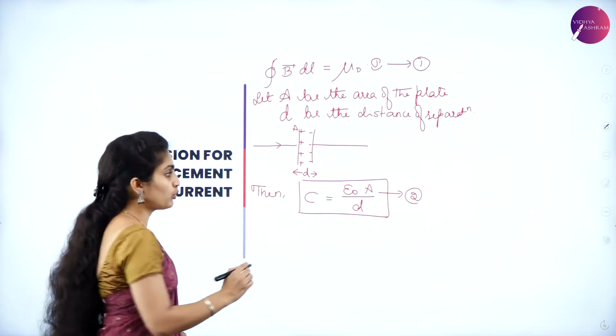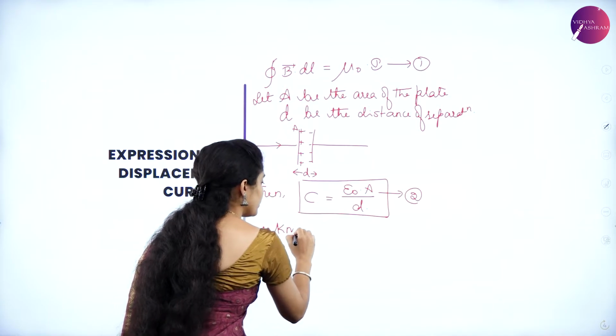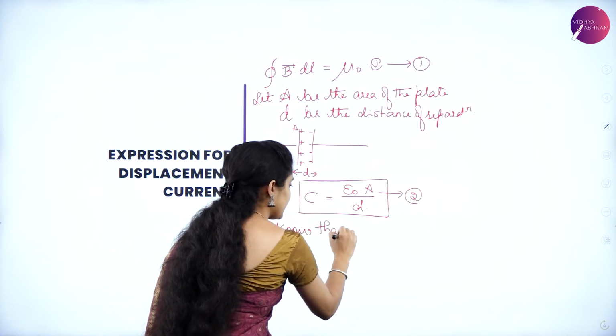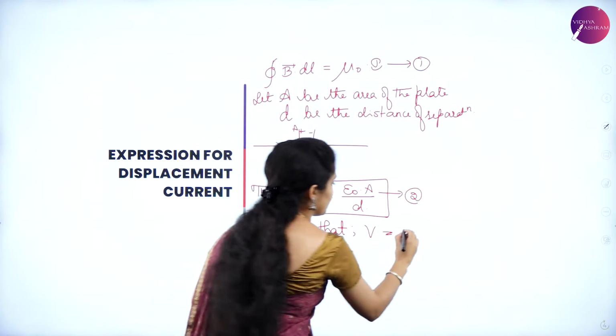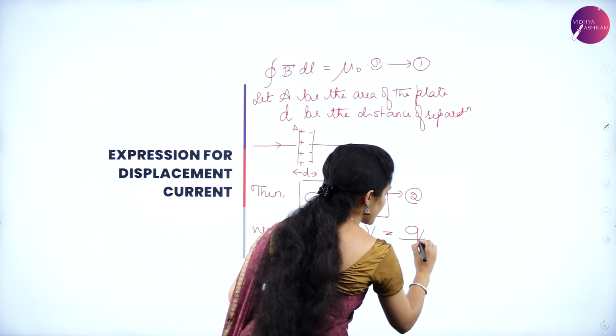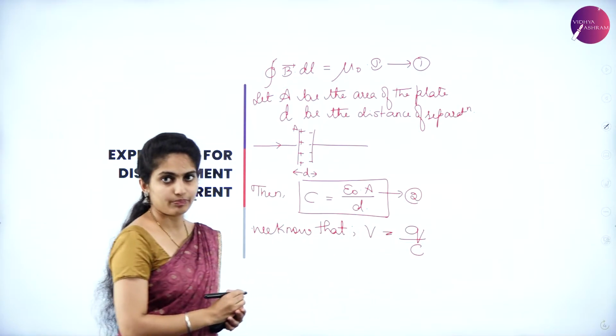And we also know that the potential V is equal to the charge divided by the capacitance. So this is another equation.